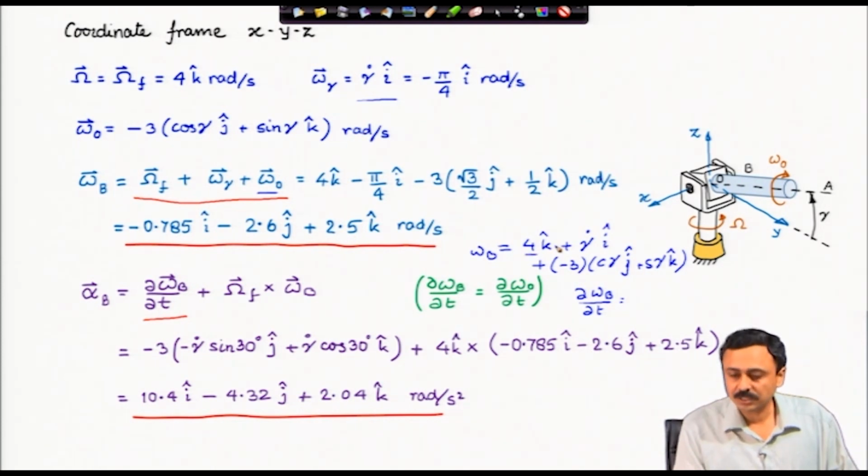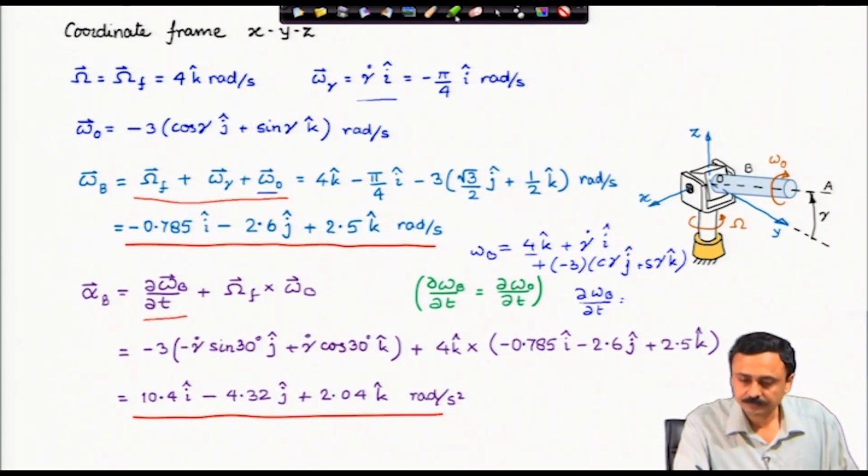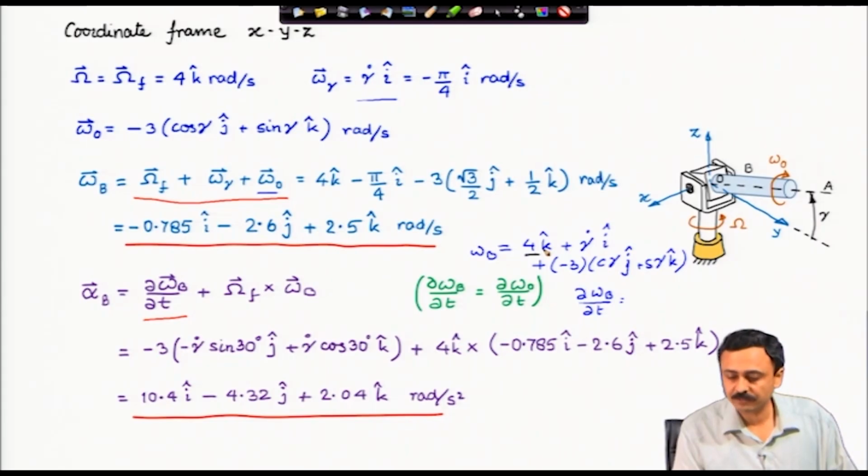For this is a constant, this is a constant, therefore its local derivative is 0. Gamma double dot is also 0 because gamma dot is decreasing at a constant rate of pi by 4 radian per second, therefore that also does not get differentiated.